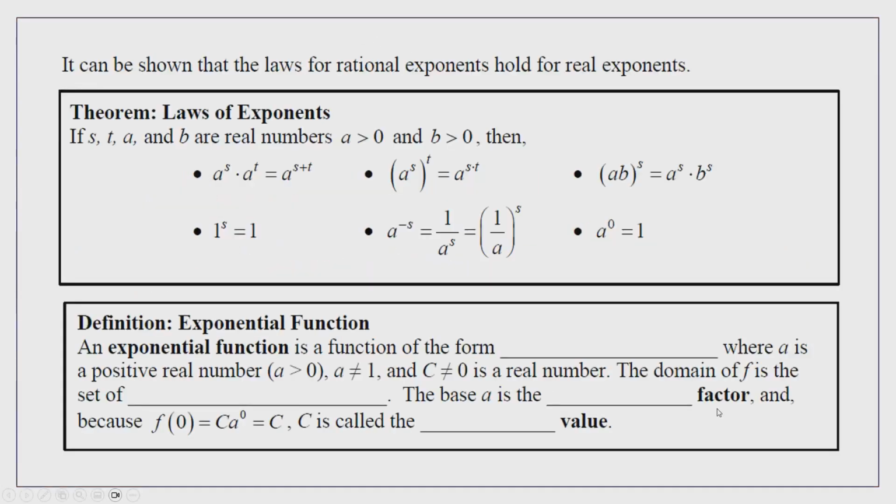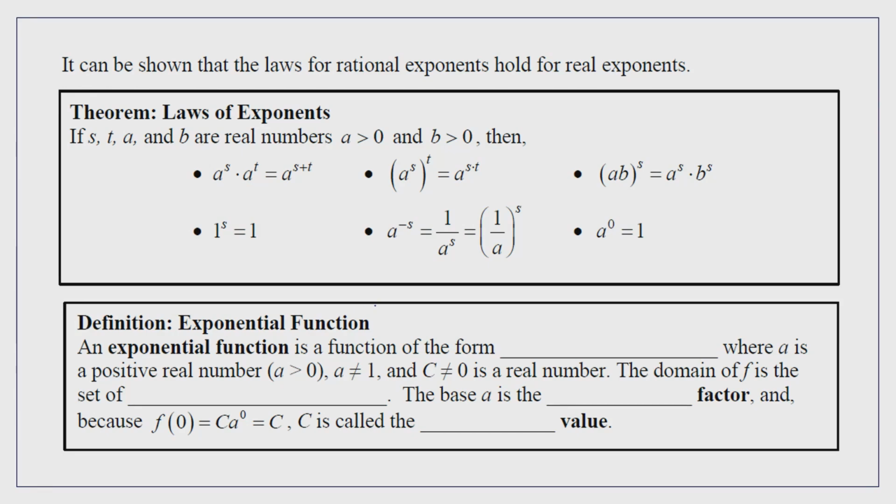So it can be shown that the laws for rational exponents hold for real exponents. The laws of exponents state that if s, t, a, and b are real numbers, a is greater than 0 and b is greater than 0, then you have the following rules. If you have two bases that are the same and you're multiplying, you add their exponents.